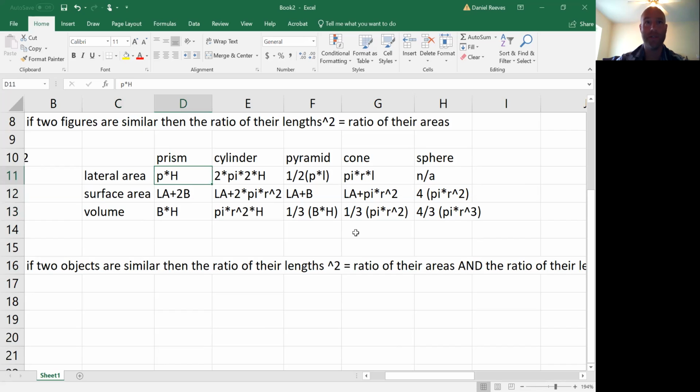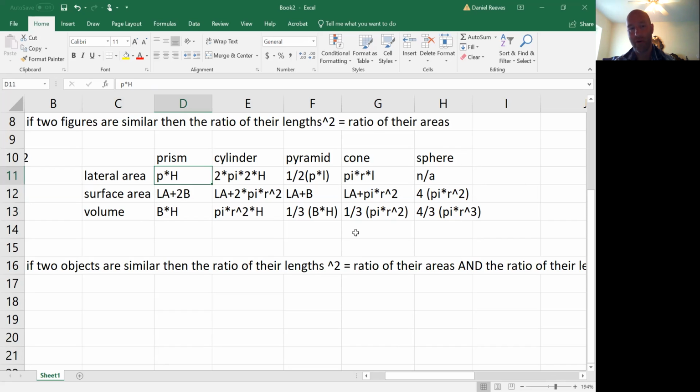So a prism, once again, is made by a pair of congruent and parallel shapes, which are joined by rectangles. Now those shapes are the bases, and again, base does not mean bottom. The bases don't have to be on the bottom of these shapes.